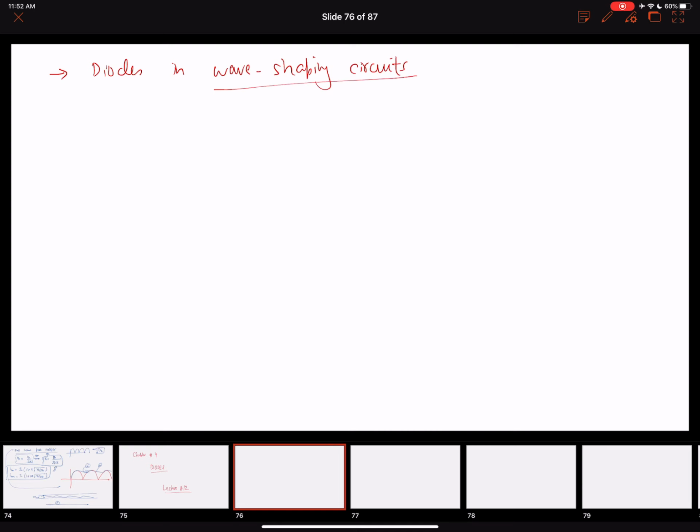When I say wave shaping circuits, it isn't like we can make some cool Apple waveforms out of it. We have limitations in terms of the wave shaping: we can build clamping, clipper, or limiter circuits. So we're going to do this example in which we will see how we can make clipper or limiter circuits.